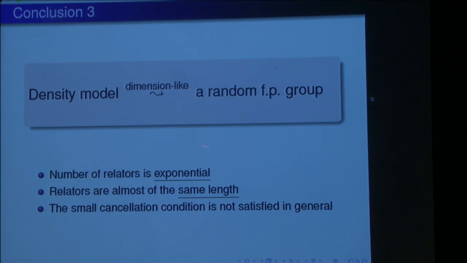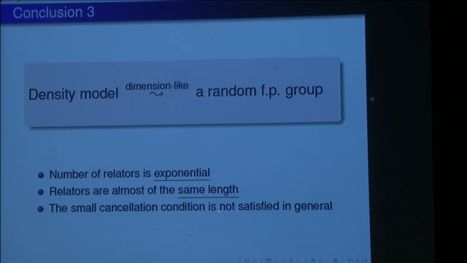This is a model which is different from the model we considered before, the genericity model. Here, the number of relators you take is exponentially many, not fixed, depending on the density parameter. They all have the same length, so this is really used in all arguments.